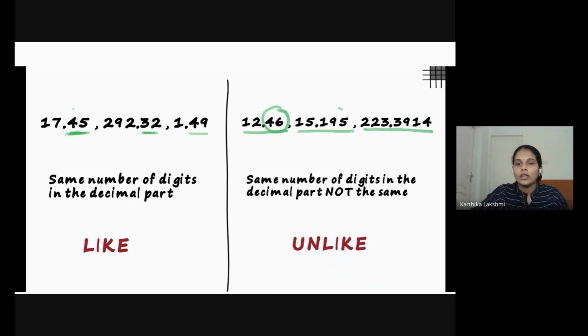Looking at the decimal part, the number of digits is different. Here are two digits, here three digits, here four digits. So can we say that these are like decimal fractions? Never. These are unlike decimal fractions: a different number of digits in the decimal part.